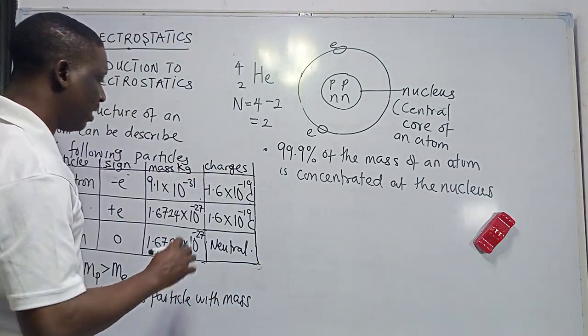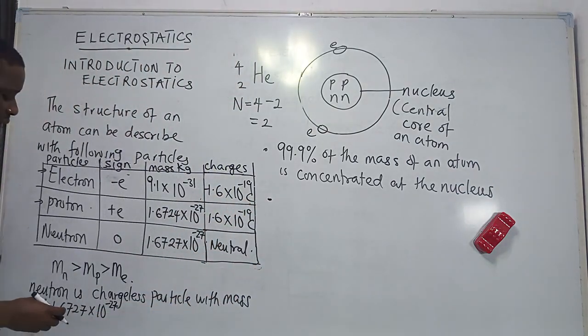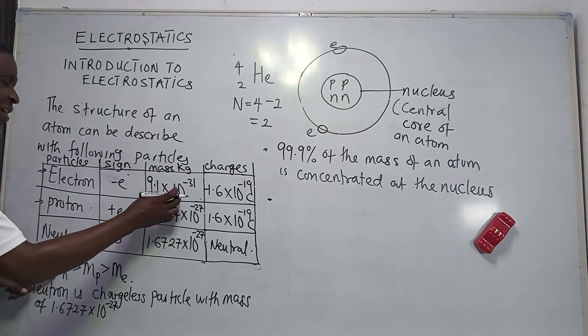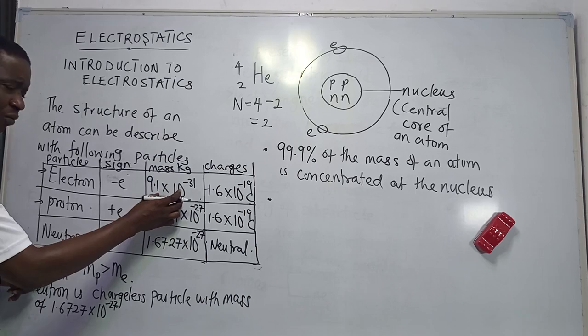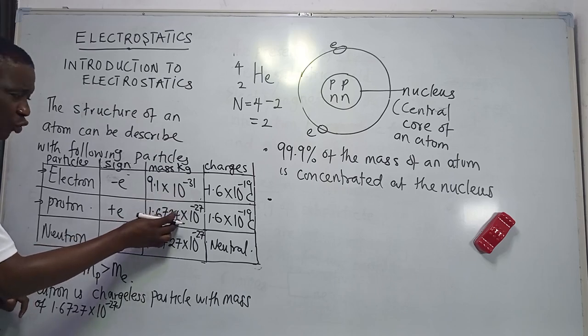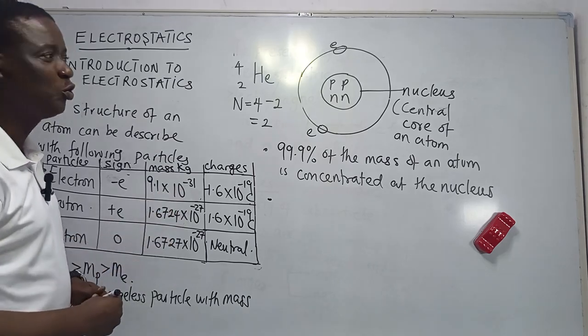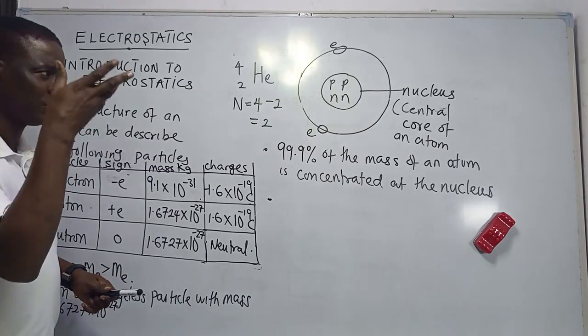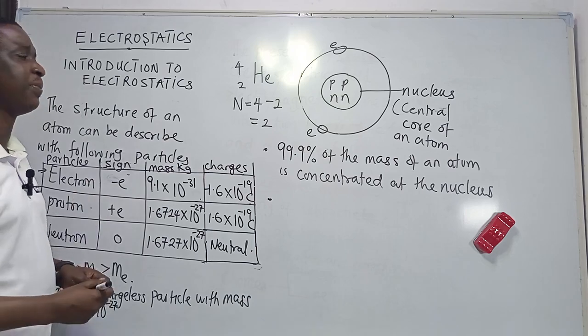Now there's something you must know. Look at the mass of electron, then look at the mass of proton and neutron. Something should come to your memory that something is happening here.